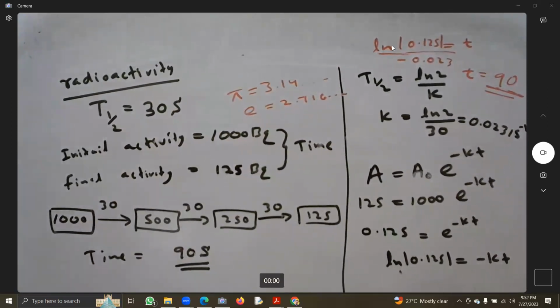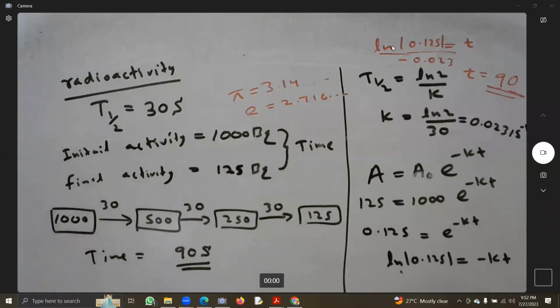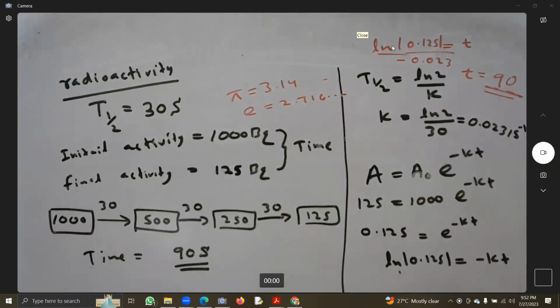That's what I said, 2.7. ln2 is also a number, a constant. ln is the special base of log, and ln2 is a constant. Yes.